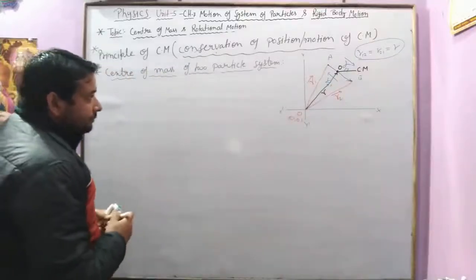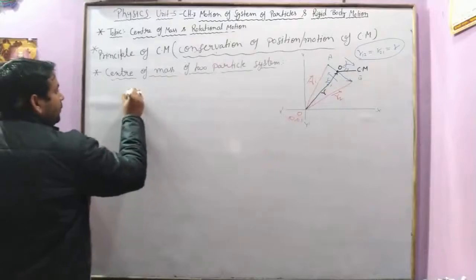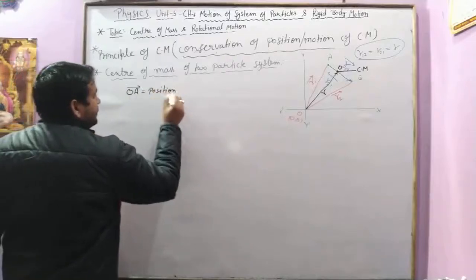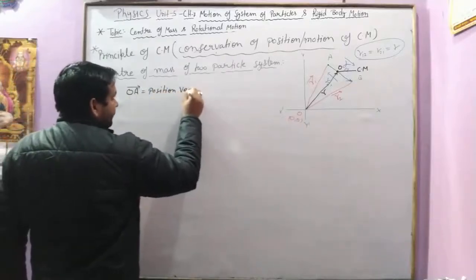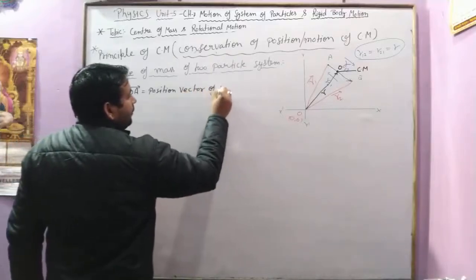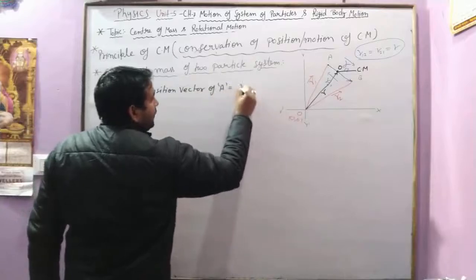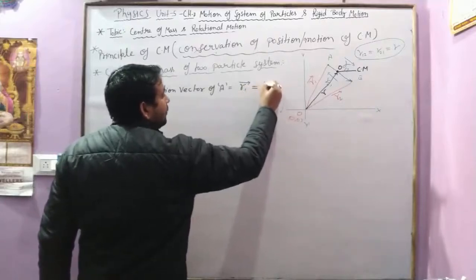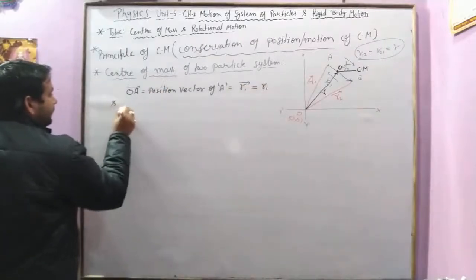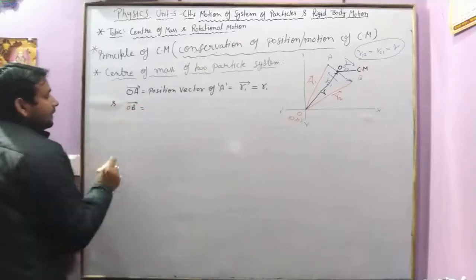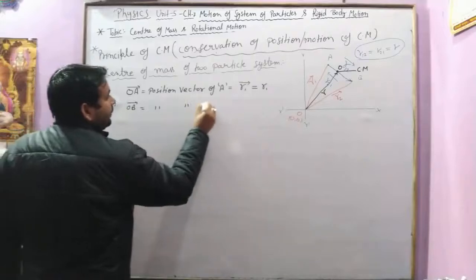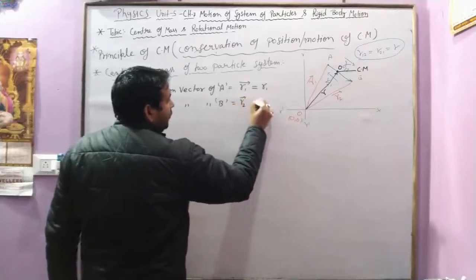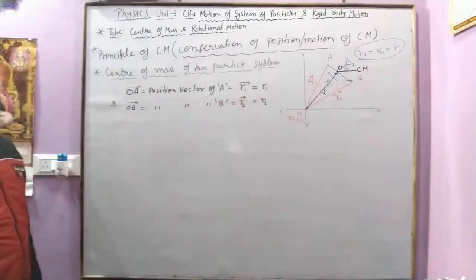Now here OA is the position vector of particle A, which is equal to vector R1, or in distance form R1, and OB vector is the position vector of particle B, equal to vector R2 and simply R2.